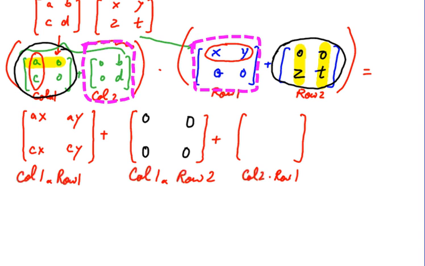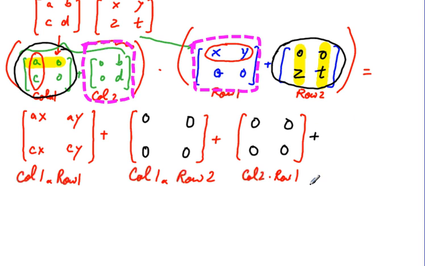What do I have? 0b times x0. What is the net? 0. 0b times y0. 0d times x0. 0d times y0.